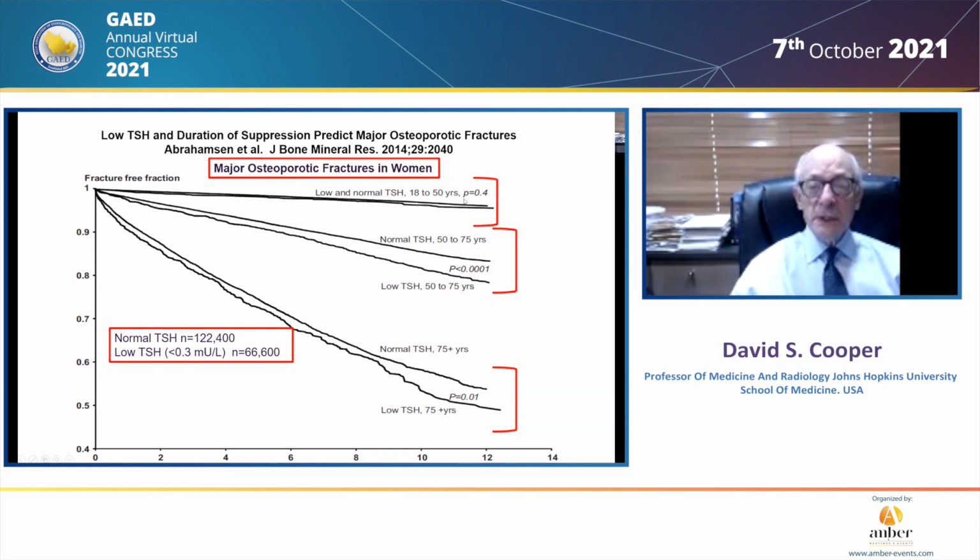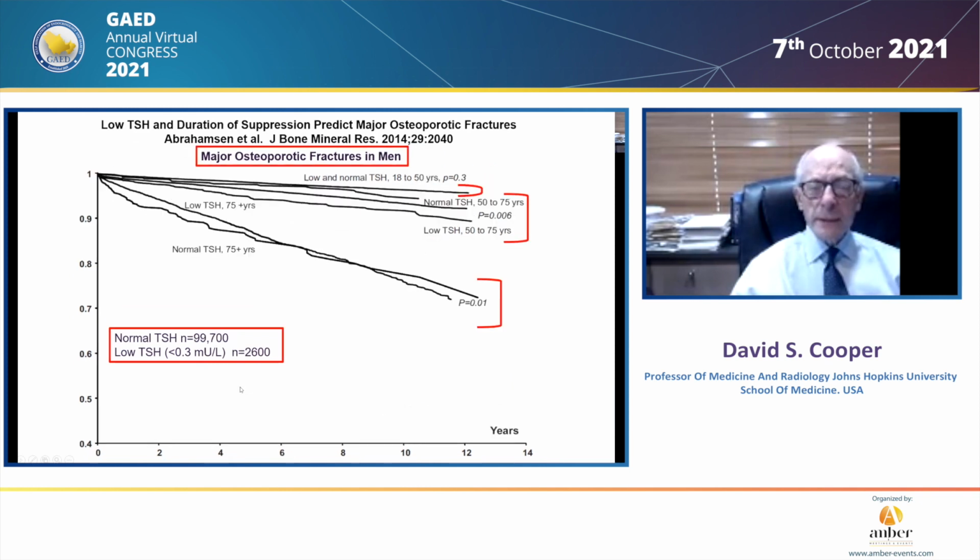At 18 to 50 years old, no difference. But in patients who were 50 to 75 years of age, there was an increase in fracture in patients with low TSH levels, and in patients over the age of 75, again, an increase in fracture risk in patients with a TSH less than 0.3.